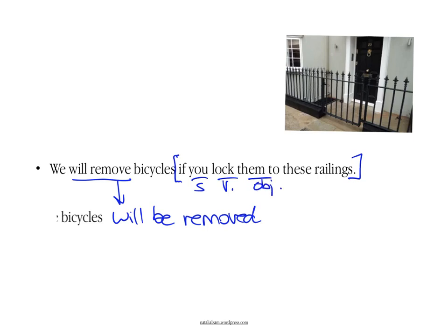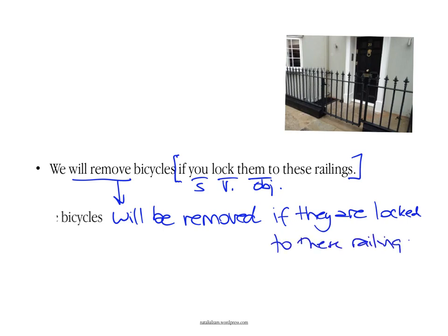So I would probably stress bicycles again. I would make this the focus of information as well. So bicycles will be removed if they, this verb in the passive, if they are locked to these railings.